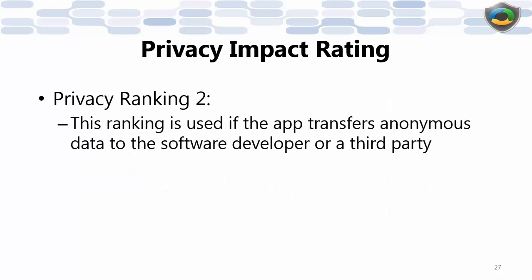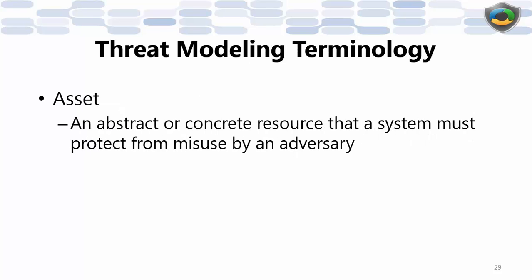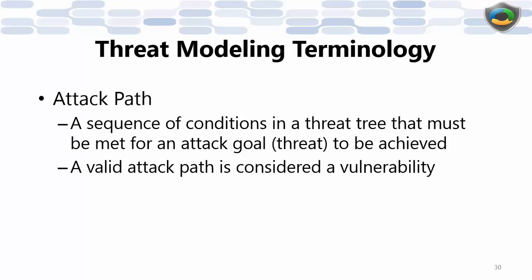All right, I'm just going to buzz through these quickly. All right, some terminology then. What's an asset? An asset can be abstract or it can be concrete, but as mentioned, it's a resource that the system must protect from misuse by an adversary.